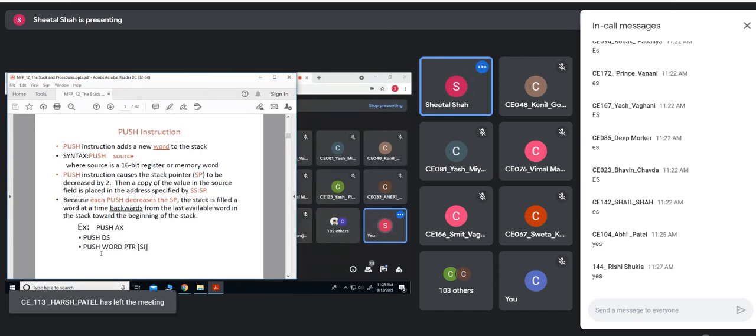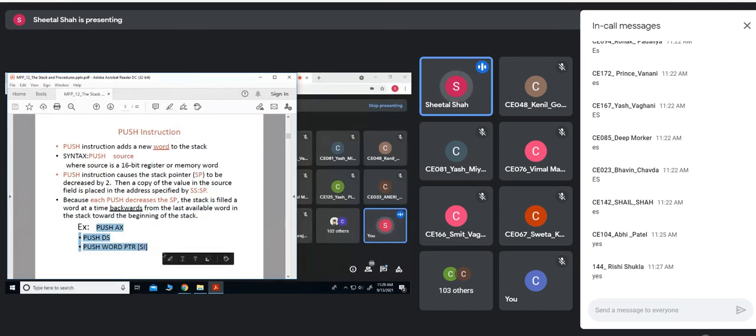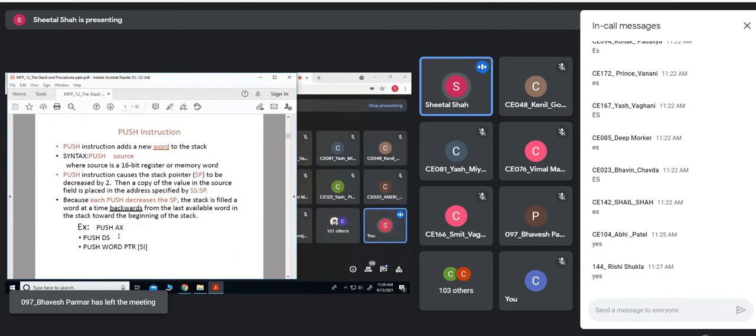That means whatever is the data at the address DS:SI, that 16-bit data would be pushed into the stack segment. Is it clear? These are some valid examples for the push instruction.